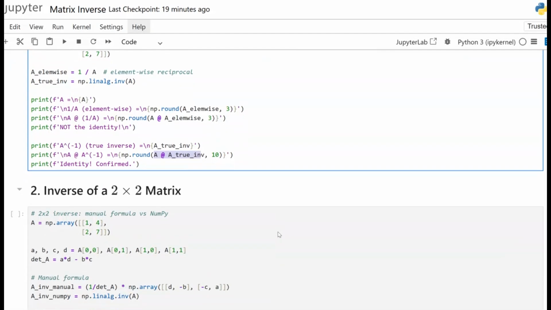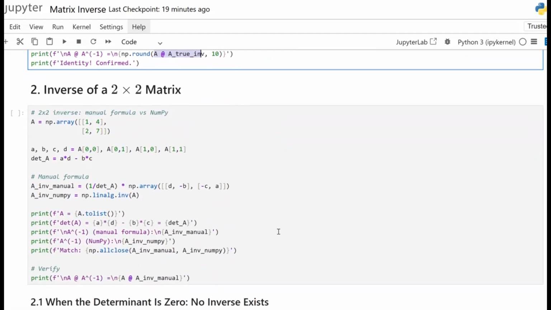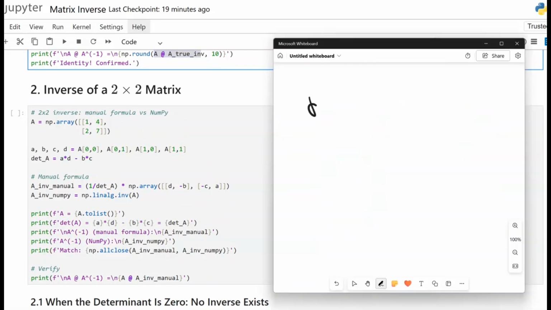Okay, now let me move on to the full inverse. What is this full inverse? Dear friends, just now we discussed that a full inverse means A inverse multiplied by A, which is equal to A multiplied by A inverse, which is equal to I. So there are two conditions for a matrix to have a full inverse.